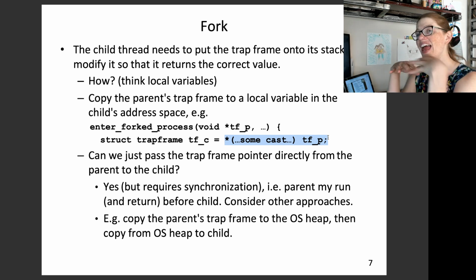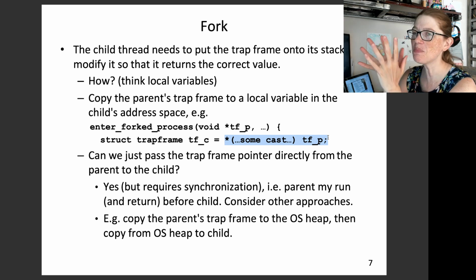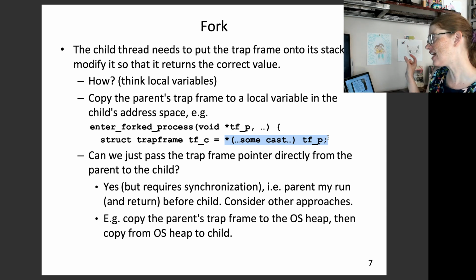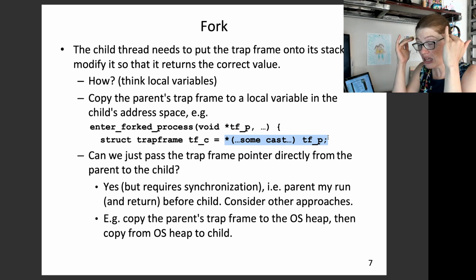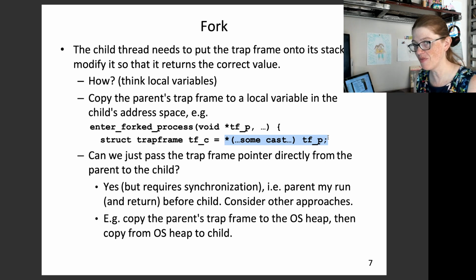Now, is that everything you need to do for enter fork process and fork? No. Here's the problem we have right now. If I directly pass the parent's trap frame as it was passed from syscall directly into enter fork process, because of how we've written the code, we think that the thread has run and it has a copy of the parent's trap frame.